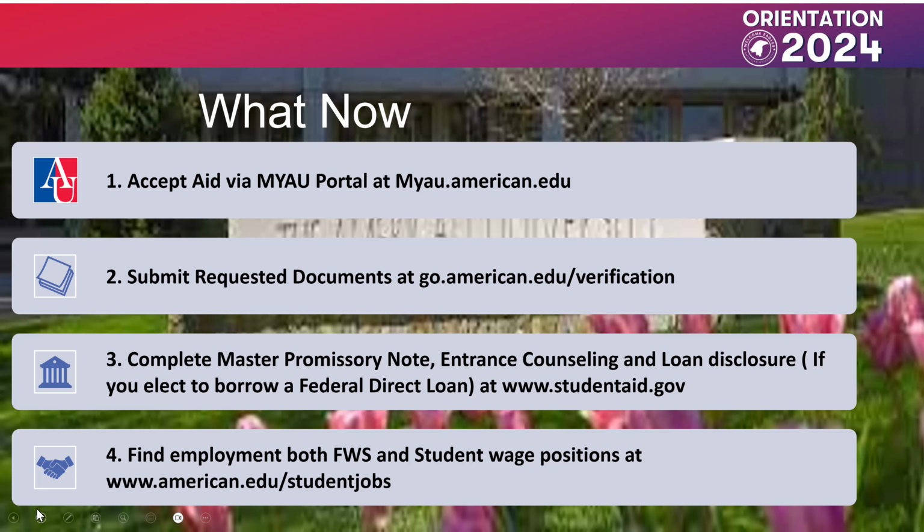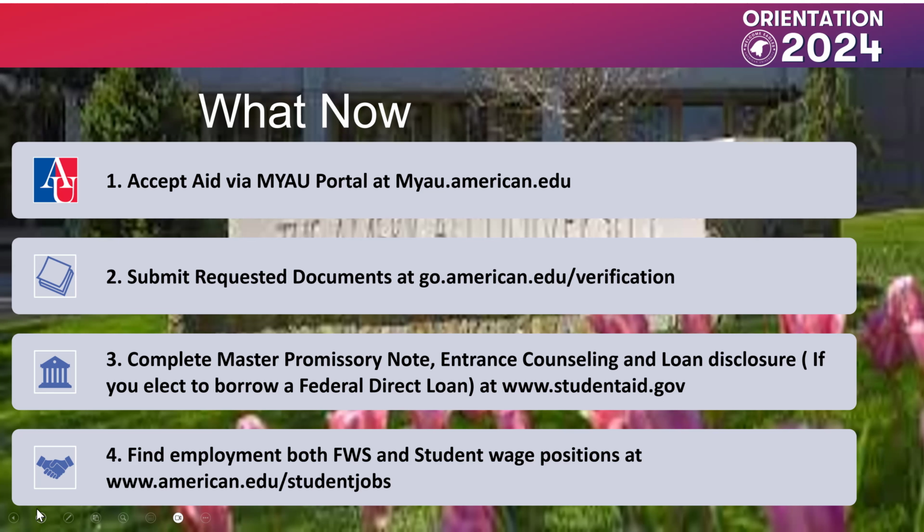For those of you that have decided that you want to borrow your student loan eligibility from the federal government, you will need to complete the master promissory note and the entrance counseling, which incorporates a loan disclosure. All of that can be completed through the federal government site, www.studentaid.gov. That's the same site that you used if you applied for need-based aid to complete the Free Application for Federal Student Aid.